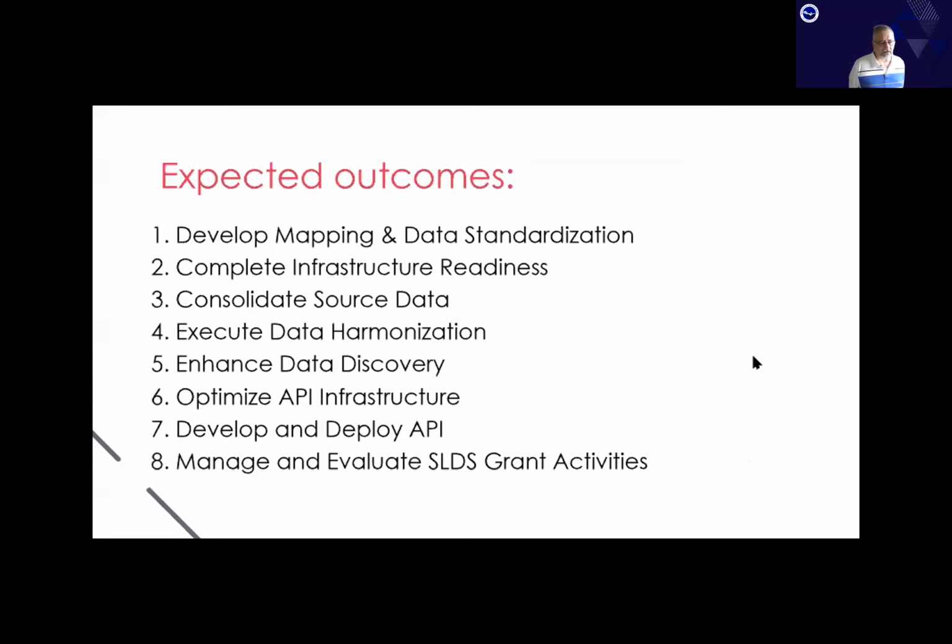And they've developed and deployed an API that's common across all the data. They call it one API, and it's meant to make it easier for different systems to interact or ask for data based on that API, and then manage and evaluate the grant activities.